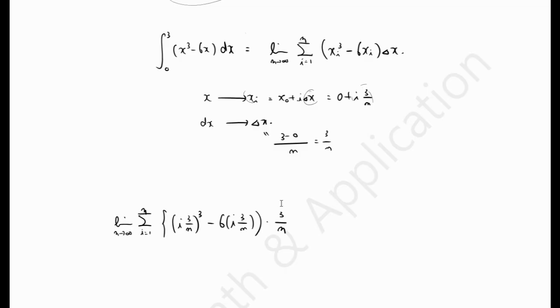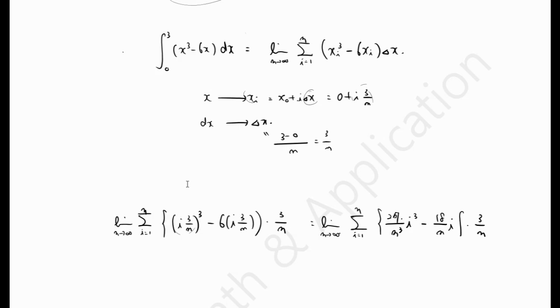The first term is 27 over n cubed times the sum of i cubed, minus 18 over n times the sum of i, all multiplied by 3 over n.